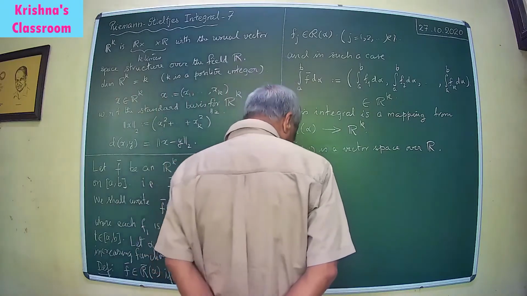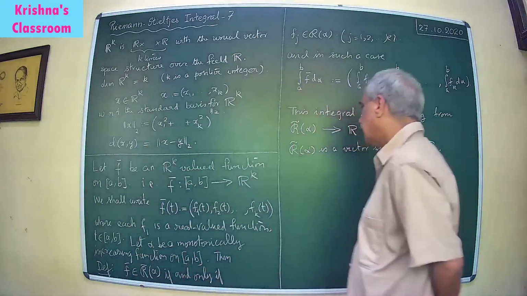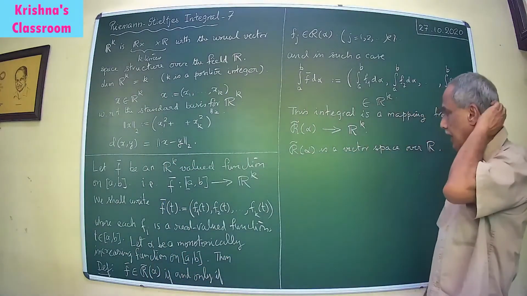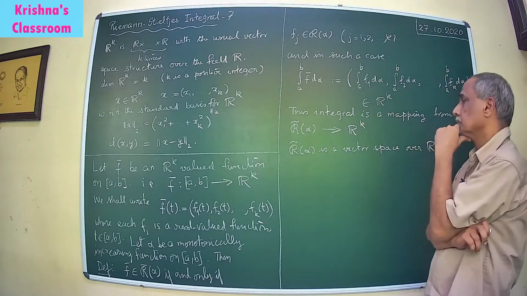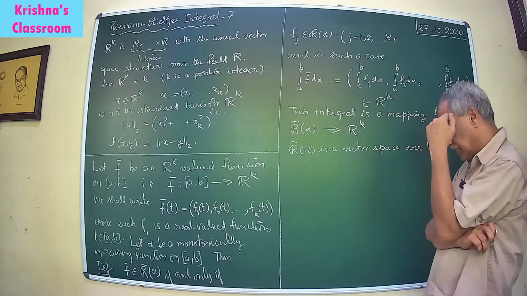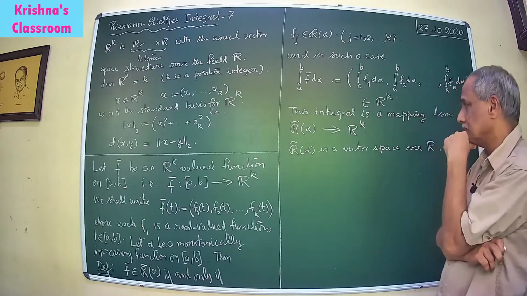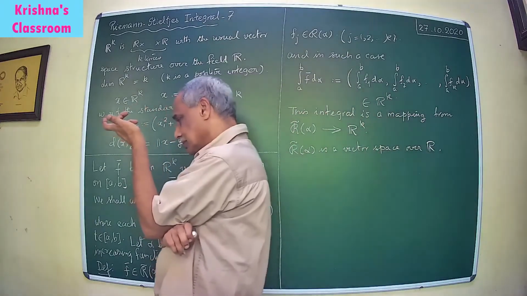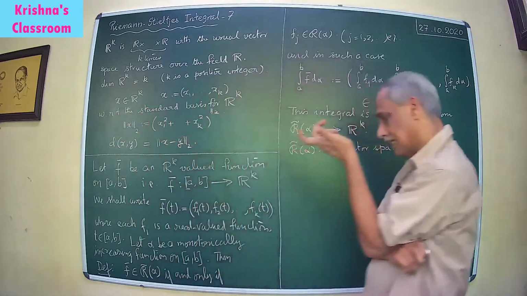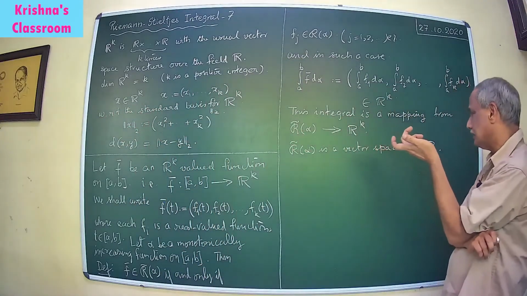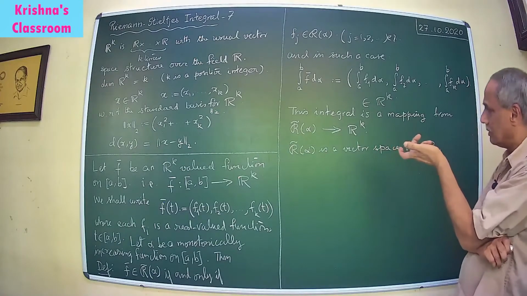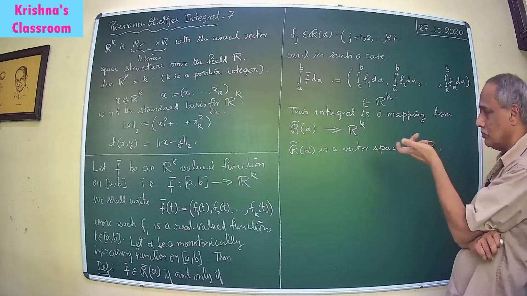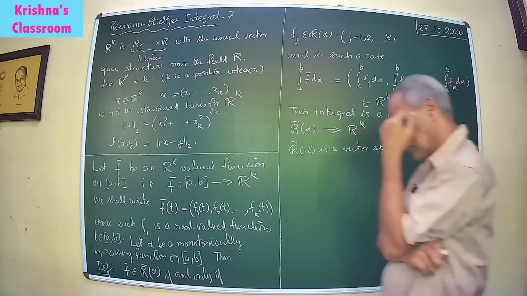That means if you take two functions from R tilde alpha, say f tilde and g tilde, then their sum is in R tilde alpha, and a scalar multiple of that is in R tilde alpha. So that is one of the simple results that one can prove exactly as we did in the other case.